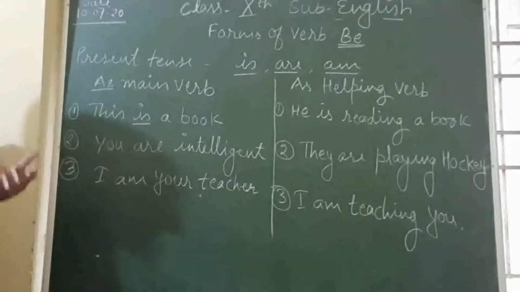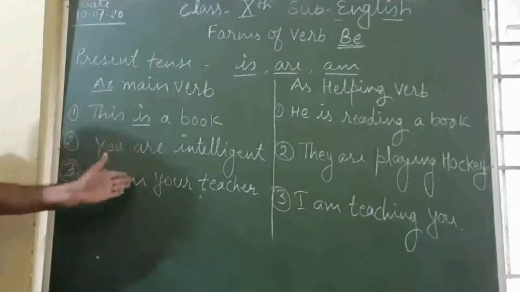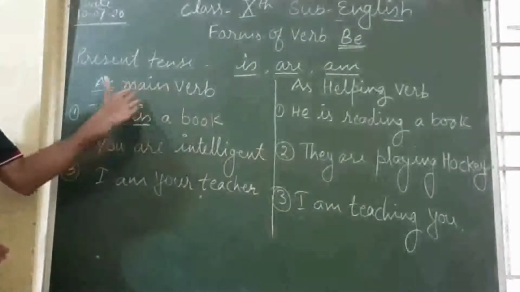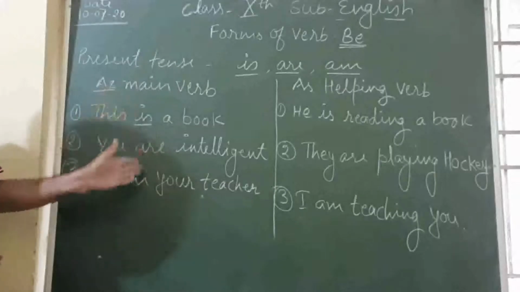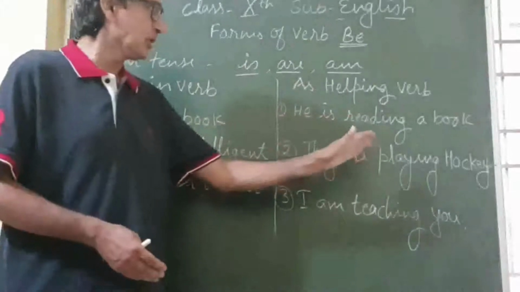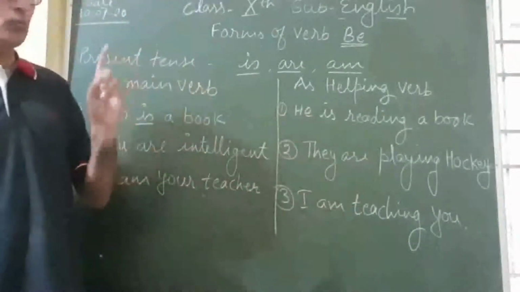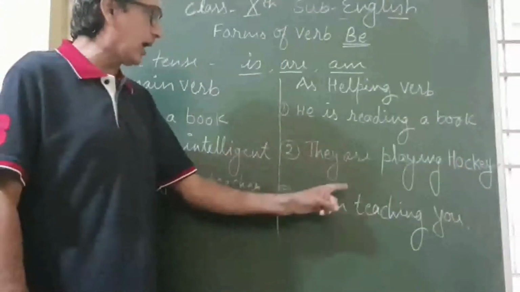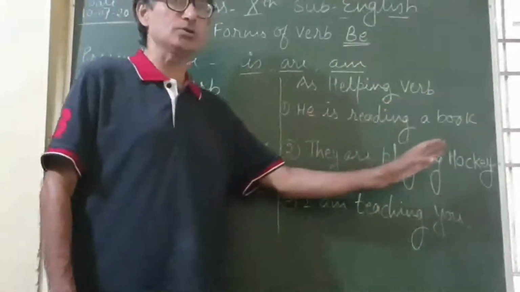Likewise, you can construct other sentences where you will find both conditions: somewhere these forms of verb be are used as main verb, and somewhere as helping verb. One more thing you have to notice, students, that is, are, am are the helping verbs of present continuous tense.